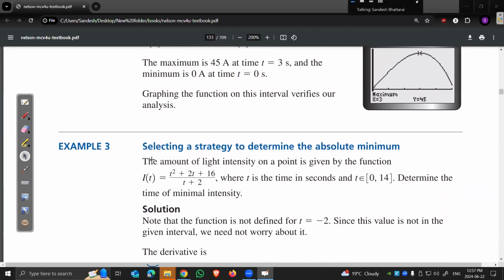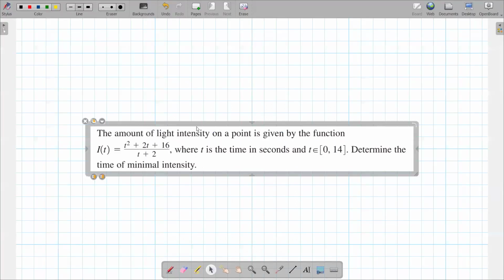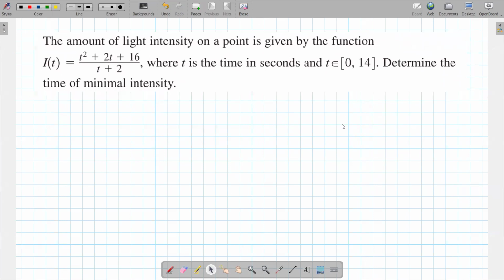Let's look at this one. We're given some function. It's asking us for the minimal intensity between 0 and 14. Okay, let's graph this.